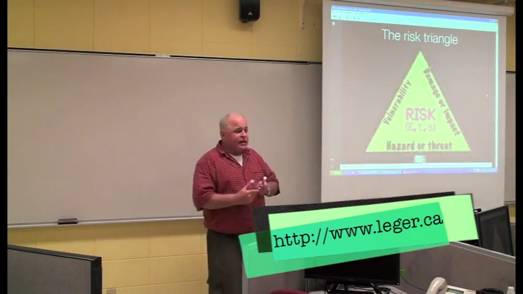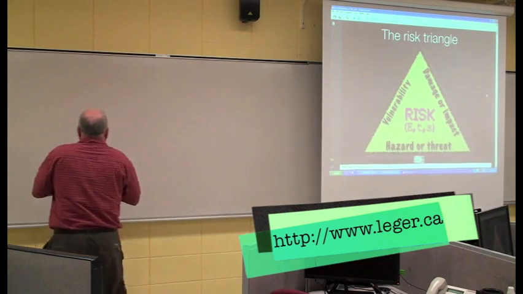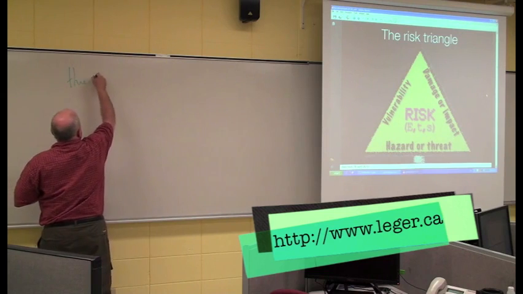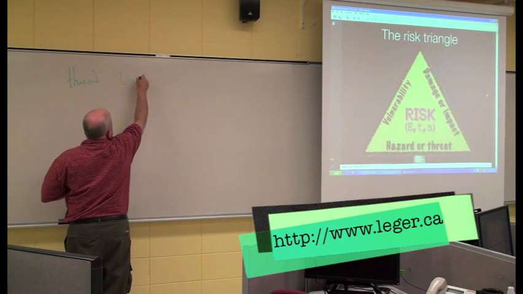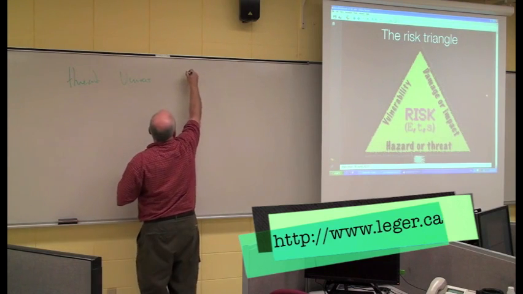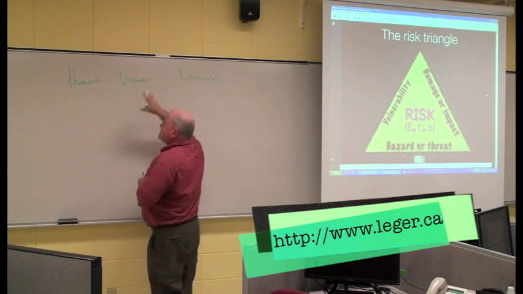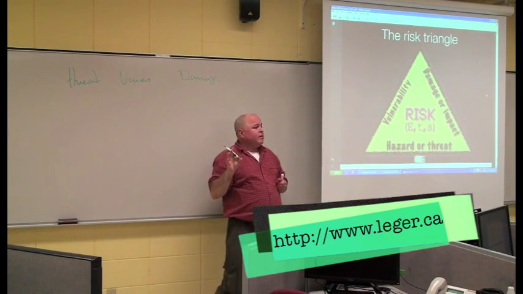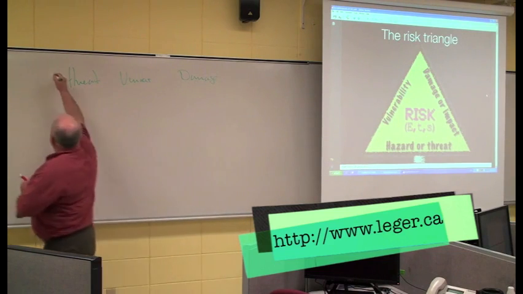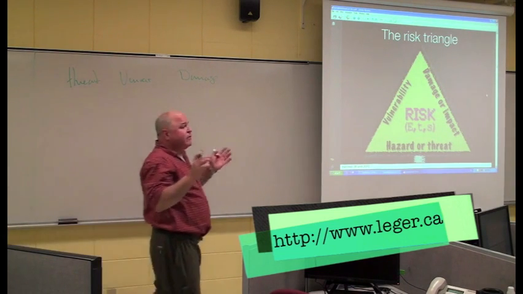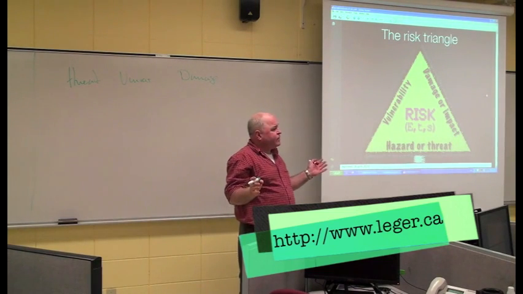We said there are three things that have to coincide: the threat, the vulnerability, and the damage. These three things have to coincide, and they are for a specific element at risk, for a given time and place.